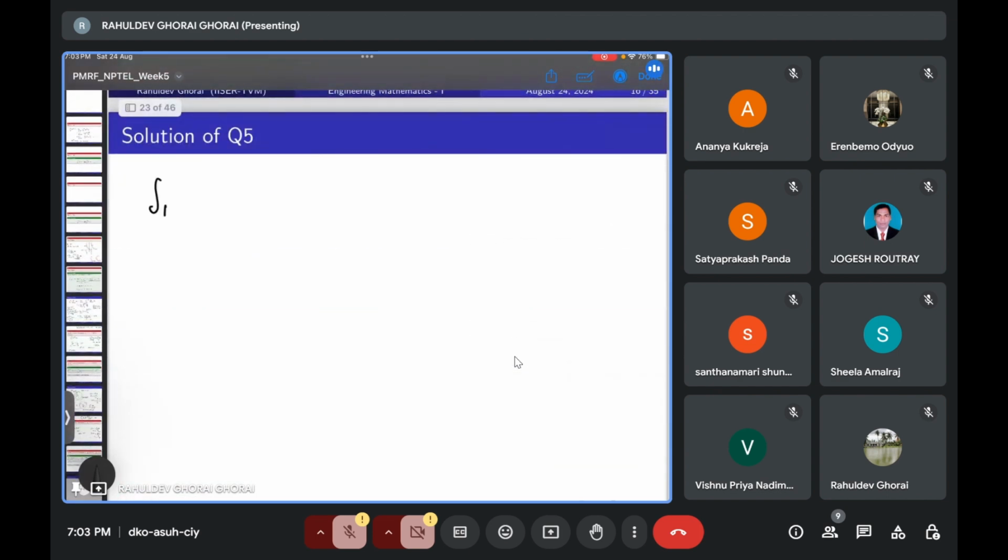So you have to show that dx over square root of x plus 1 is convergent or divergent. Our f(x) is 1 over square root of x plus 1. So take g(x) equal to 1 over square root of x.